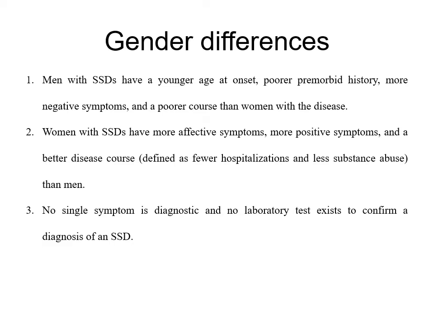With women, we see more affective, more positive symptoms, and there seem to be fewer hospitalizations and less substance abuse. One of the reasons is that women respond more rapidly to the medication, which improves those symptoms, allows them to function better, and they require not as much medication as men.